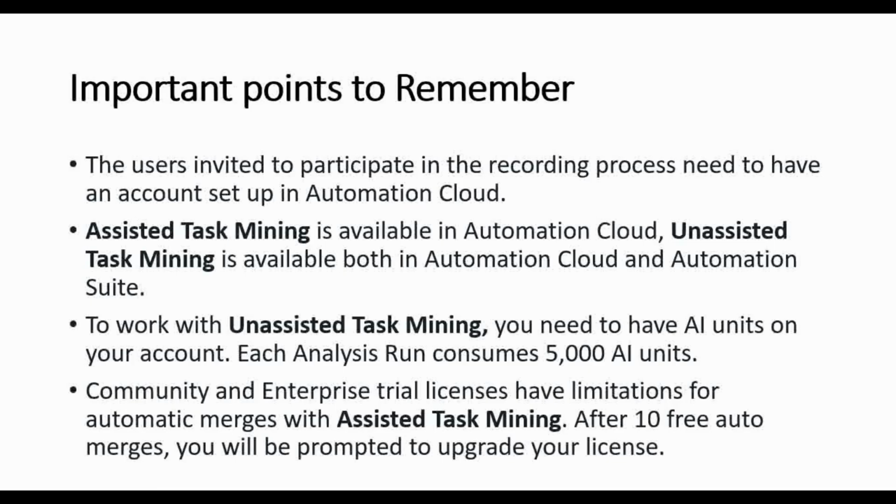And to work with unassisted task mining, you need to have AI units on your account. Each analysis run consumes 5,000 AI units. So as I mentioned earlier, these agents will be recording the different actions that you're performing, right?